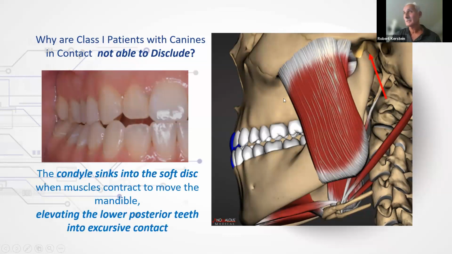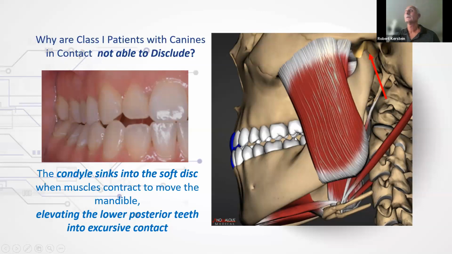Basically, when the muscles contract to move the mandible to the working side, the condyle is elevated into the disc, which is soft. So the condyle goes north as the muscles contract to move the mandible. That raises the back end of the mandible, the distance that the condyle sinks into the disc, and that keeps the back teeth together.